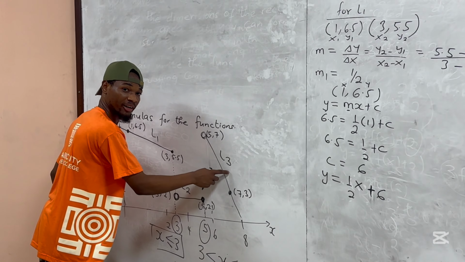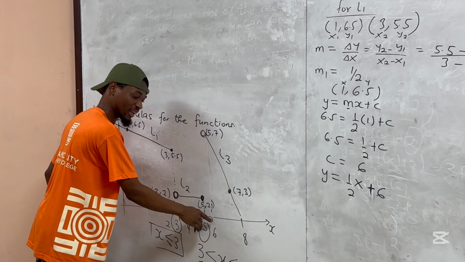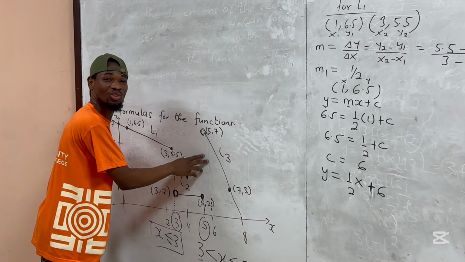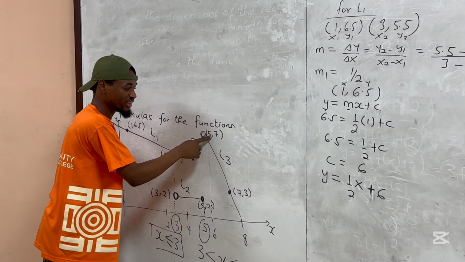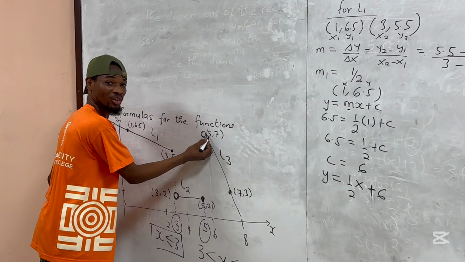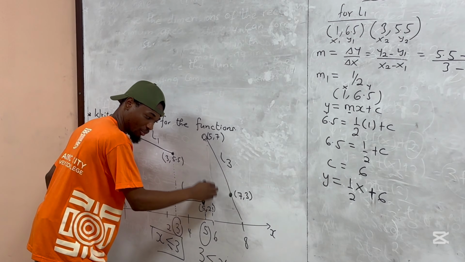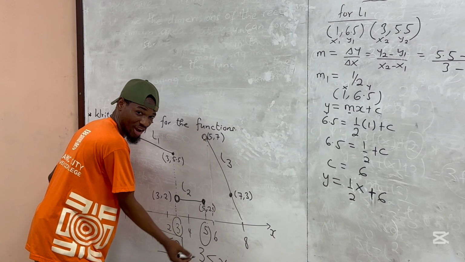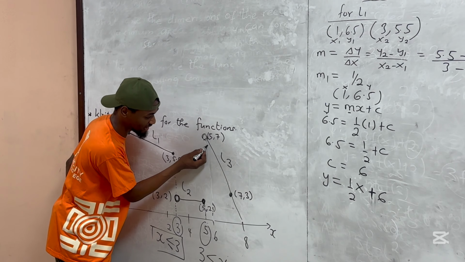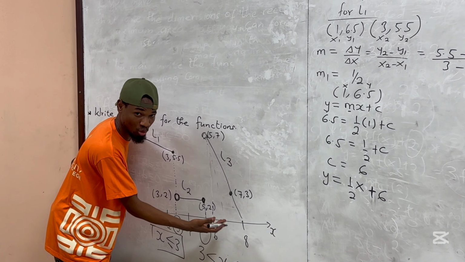This is L3. Let's focus on L3 here. I want to trace this to touch the x-axis, but because this is not drawn to scale, I would use the coordinates. My x here is equal to 5, so if I trace the point, it will fall on 5. Because it's not drawn to scale, tracing it visually would fall over here, which is not really appropriate.